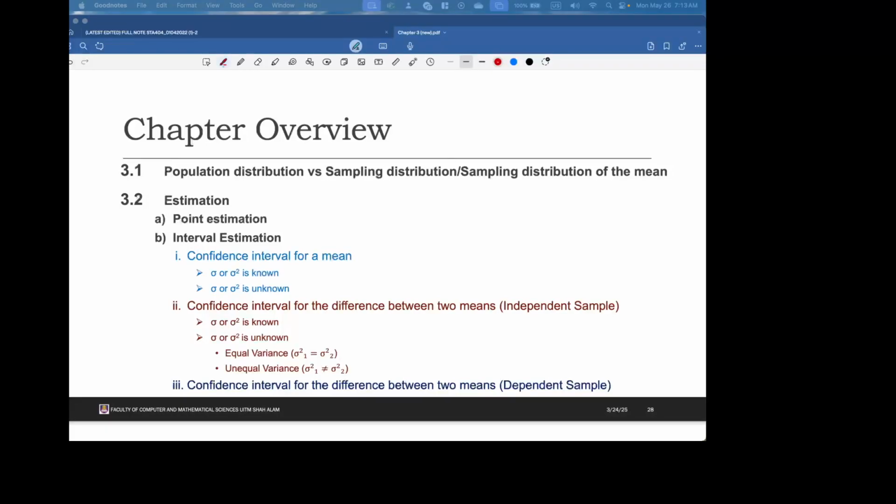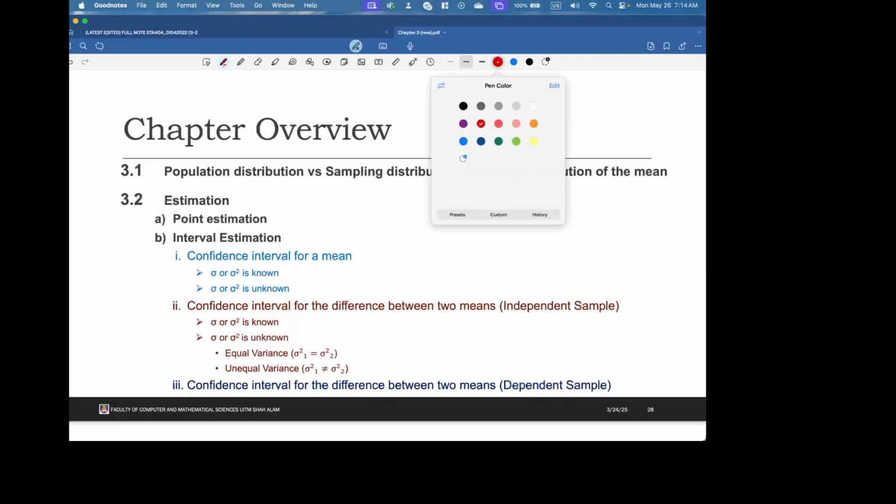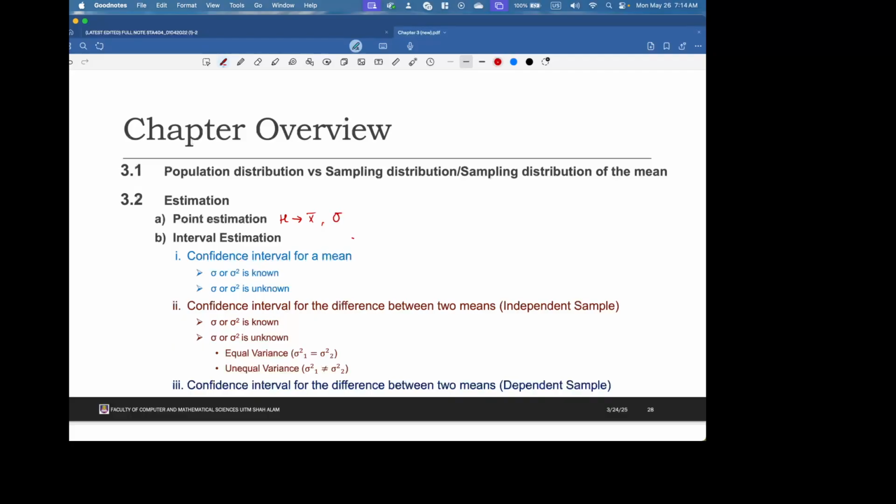Okay, so let's continue with our chapter. In this particular chapter, we already learned how to estimate mu with x bar, and how to estimate sigma too.